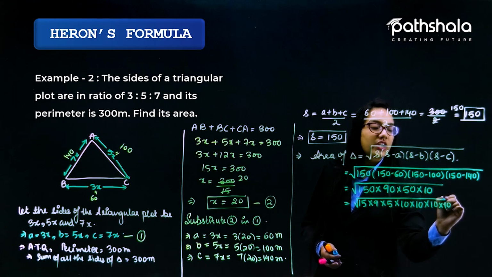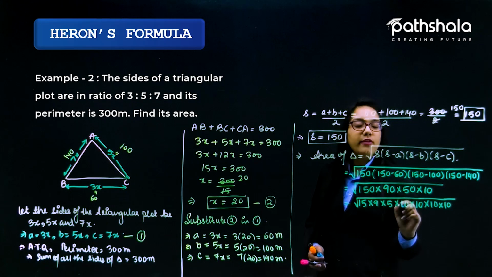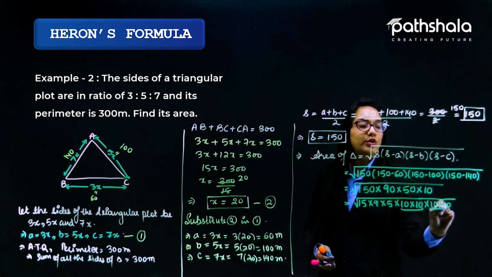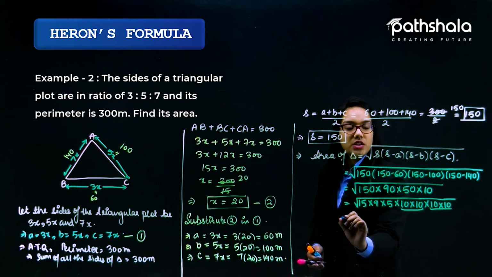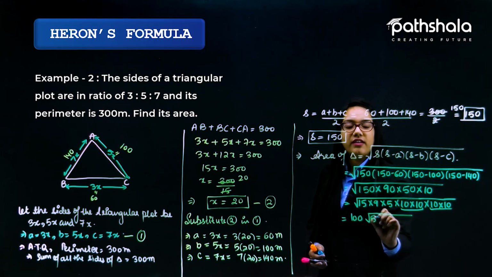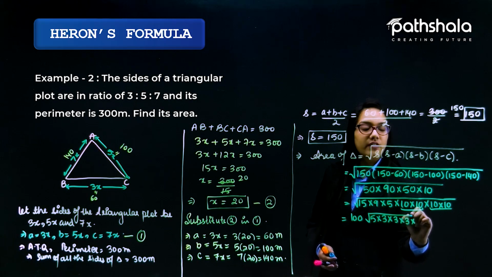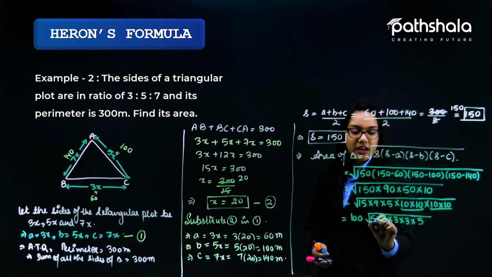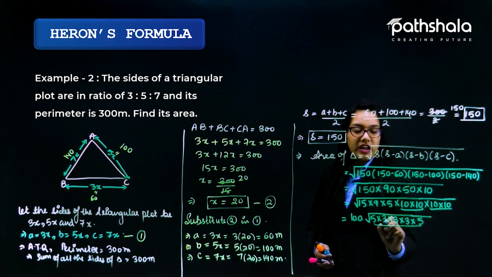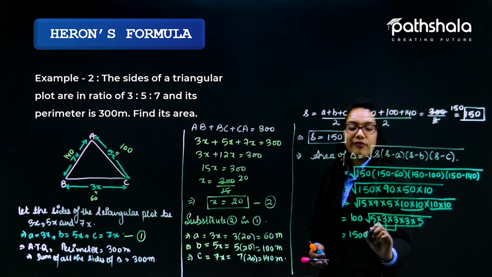The pairs 10 into 10 let us take 100 out of the root. Then 15 is 5 into 3, 9 is 3 into 3, and we have 5 and 5. So we can take 5 and 3 common out, that is 15, so we take 1500 out, and the only element left under the square root is 3.